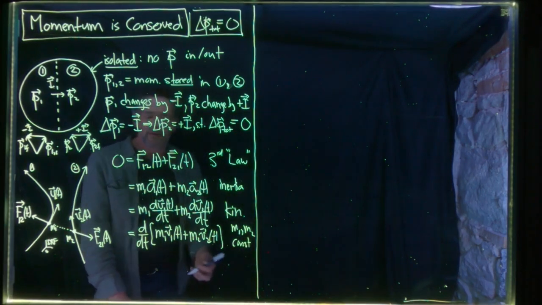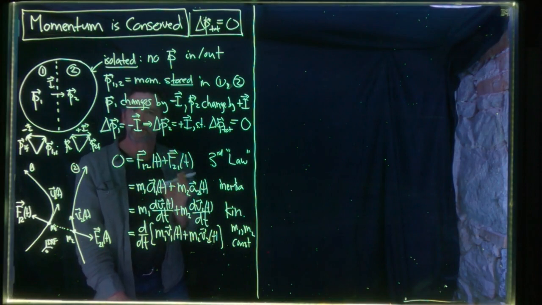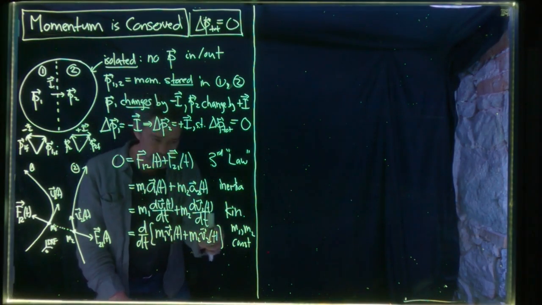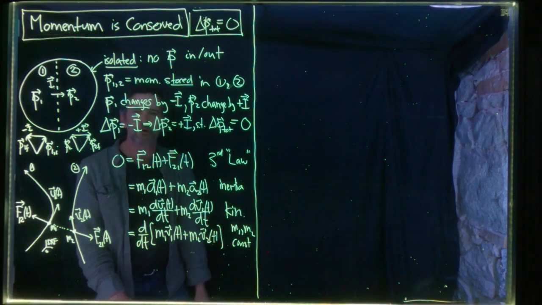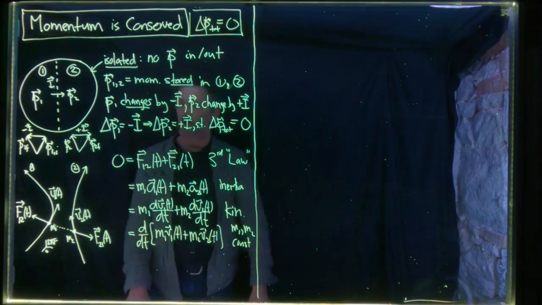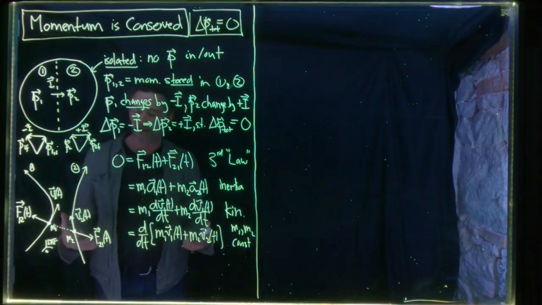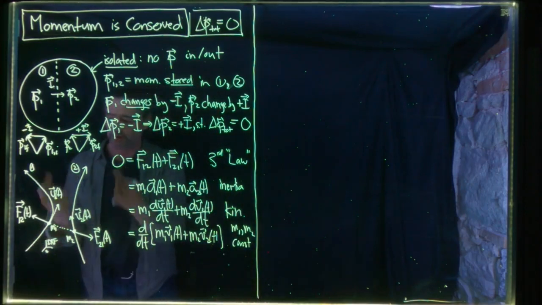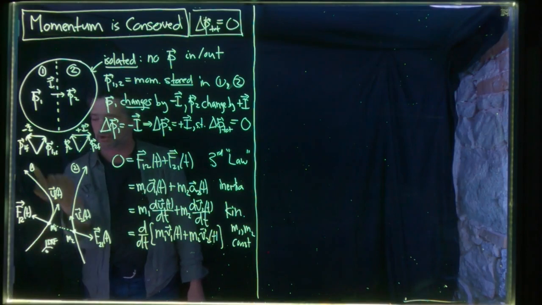Okay, so then we find a very interesting and powerful result. We find that the time derivative of this thing is equal to 0, which means that this thing is a constant. And this thing is a vector: vector v1 times a scalar m1 plus vector v2 times a scalar m2. This whole thing is a vector, and it's constant. It doesn't change with time. And that's remarkable, because if you look at this picture, you can clearly see that v1 is changing like crazy.